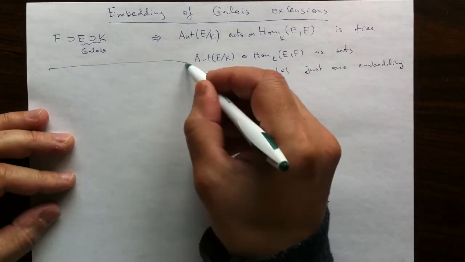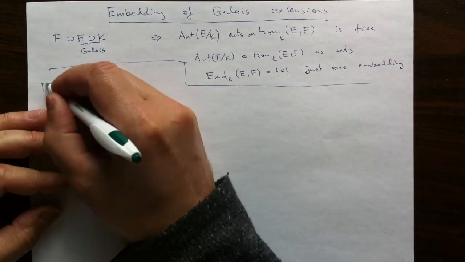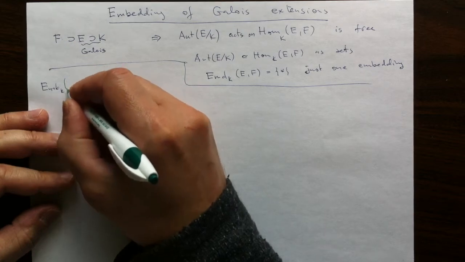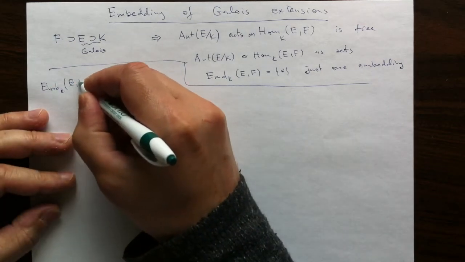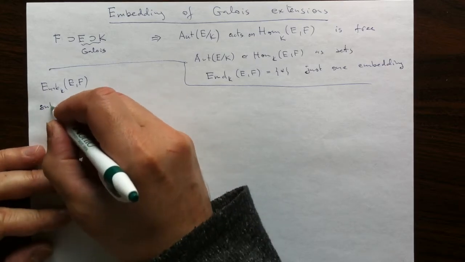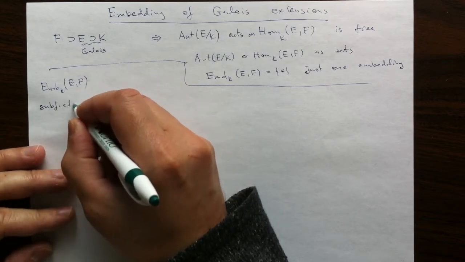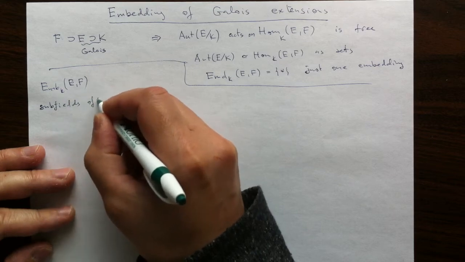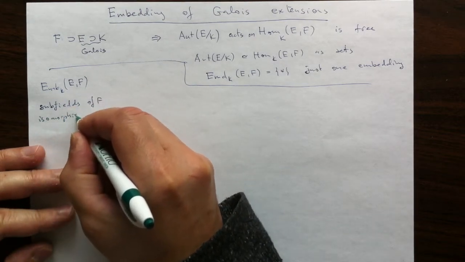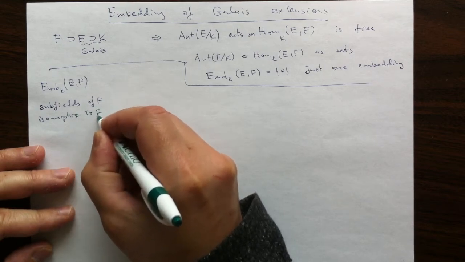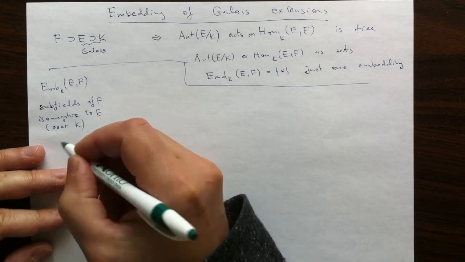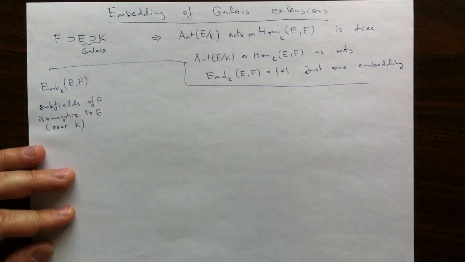So again, what is this notation for embeddings? Embeddings over K of E into something larger like F. Well, they are subfields of F isomorphic to E, and the isomorphism is supposed to not move around scalars.